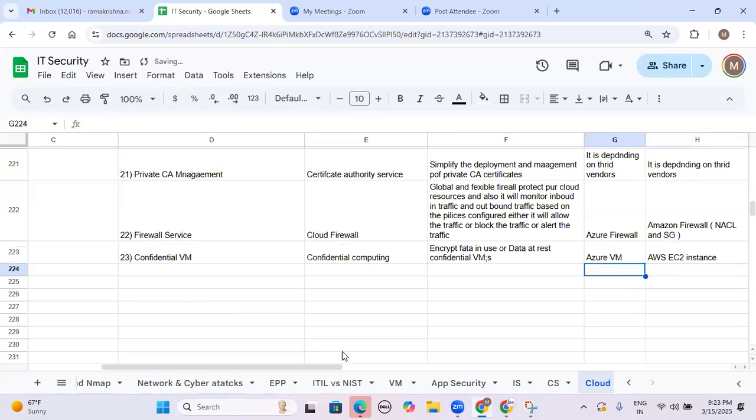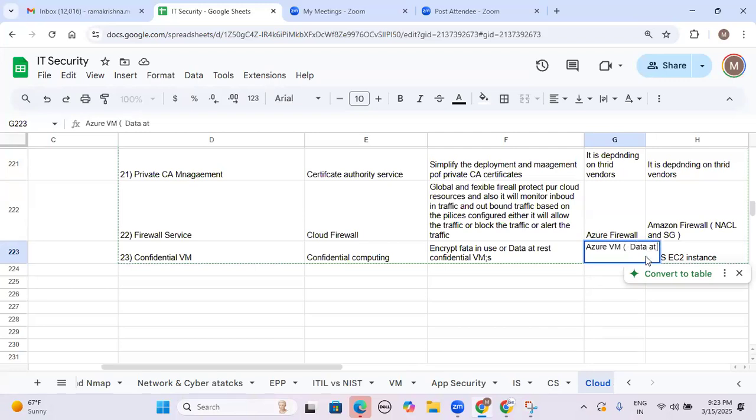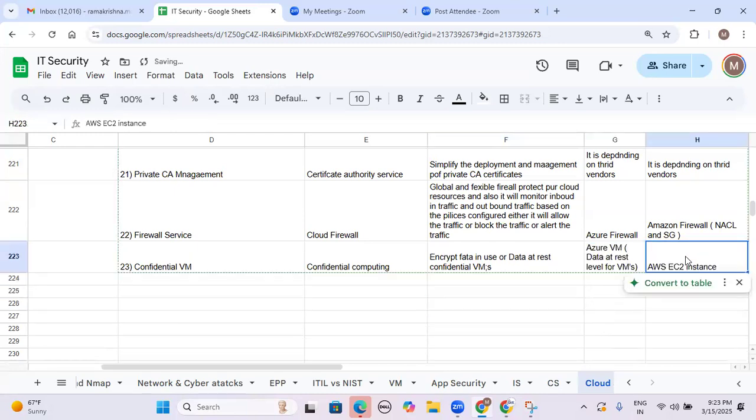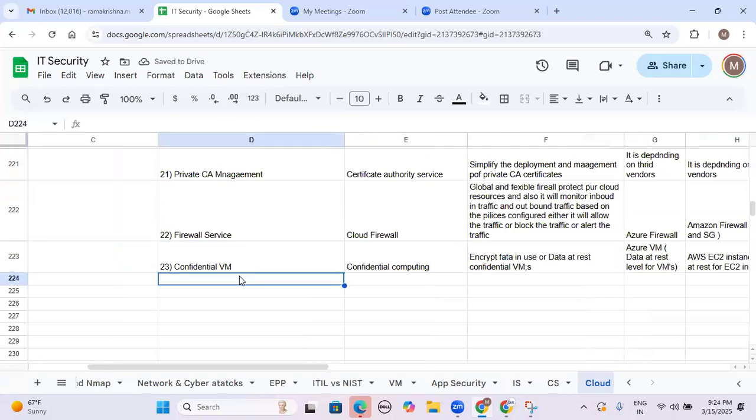Otherwise, we can say data at rest level of the encryption for VMs, and here data at rest for EC2 instances. So that is called confidential VM. So next one is malware intelligence.